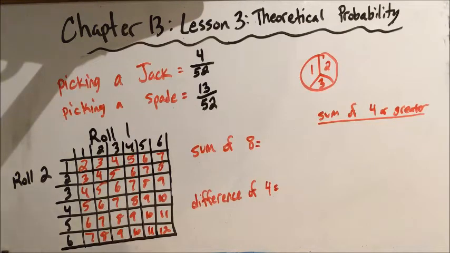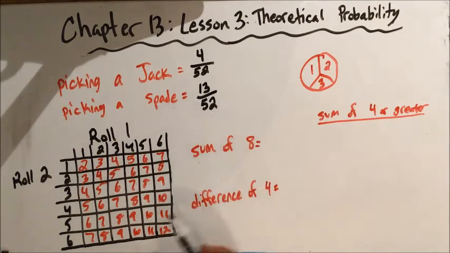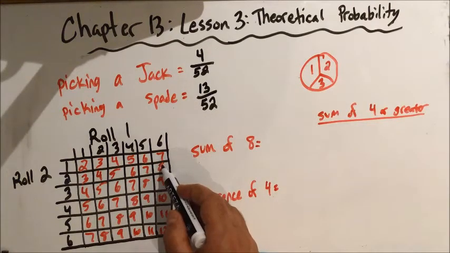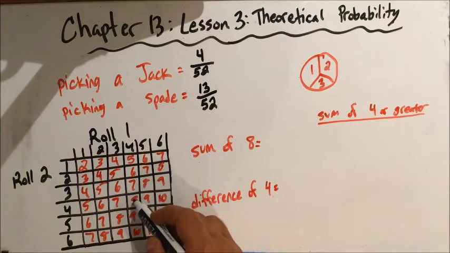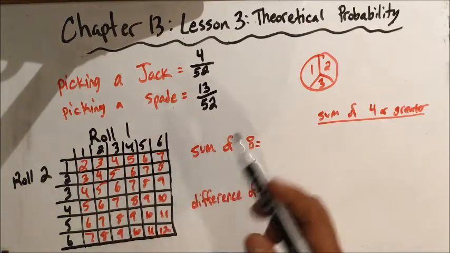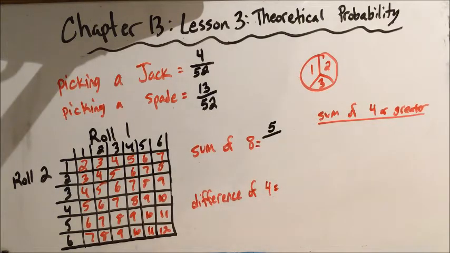Now I want to know the probability of a sum of 8. So I look for all my 8s. An 8 is here, that's 1. Another 8 is here, it's 2. Another is 3, another is 4, another is 5. So there are 5 8s in total.